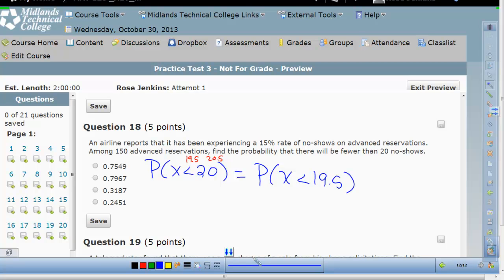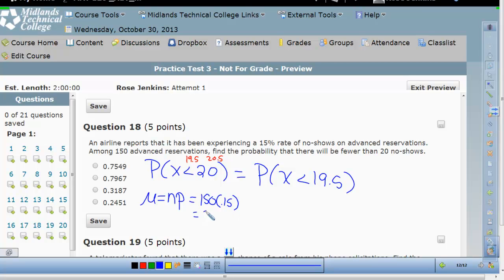Now that we're calling this thing normal, anytime we have a normal distribution, we need to know two things. What? The mean and the standard deviation. So our mean for a binomial is n times p. So n in this case is 150, p is 0.15. So it looks like we're going to get 22.5.